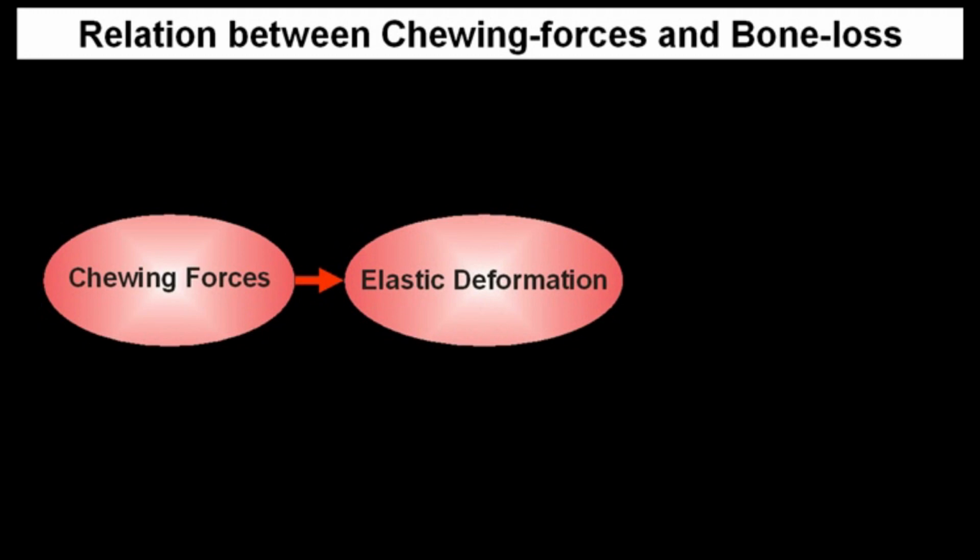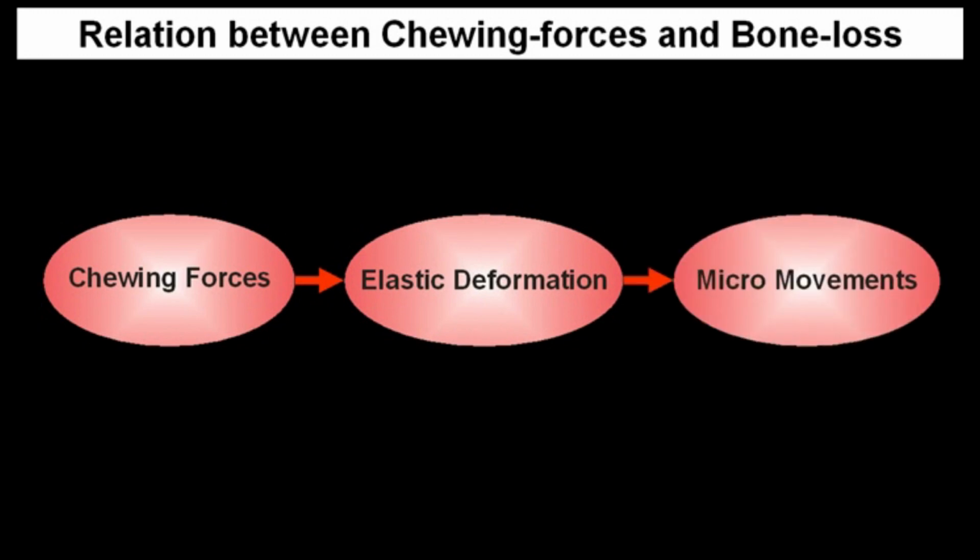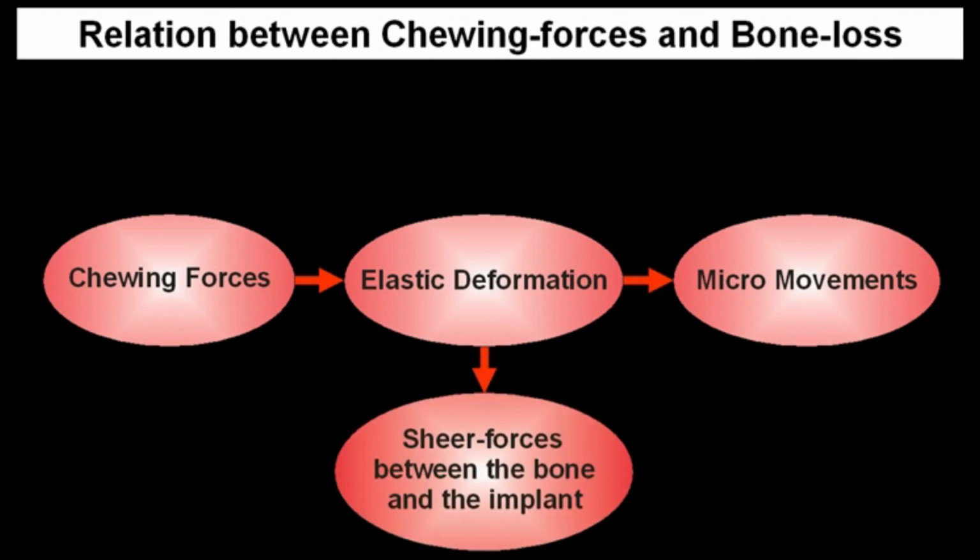So we have the chewing forces, and one result is the elastic deformation and the micro movements. But the elastic deformation causes some shear forces between the implant and the bone, and this we could prove with this Camlog implant system.